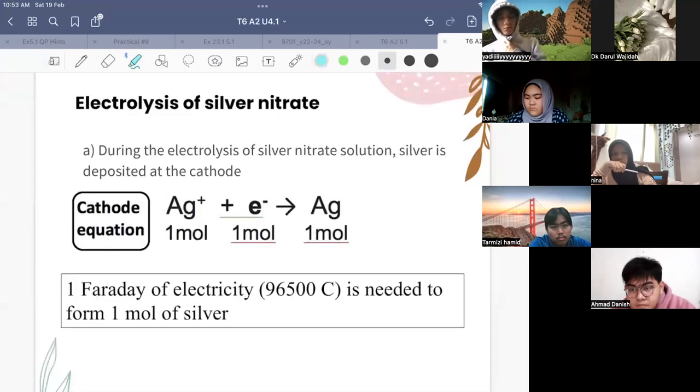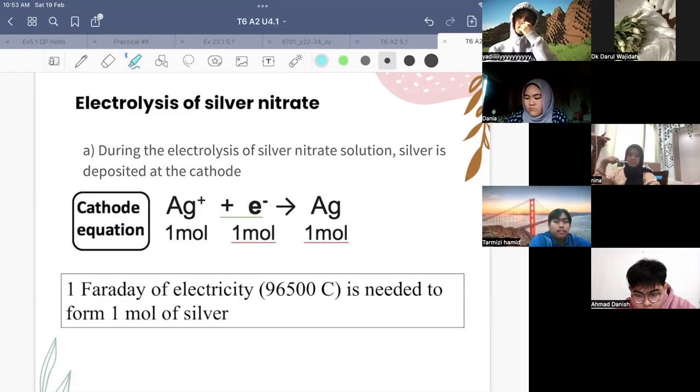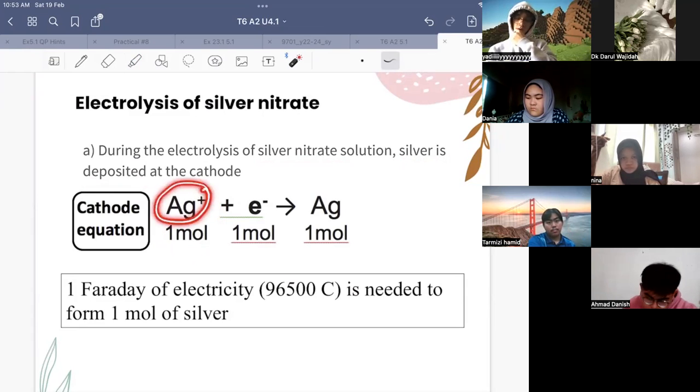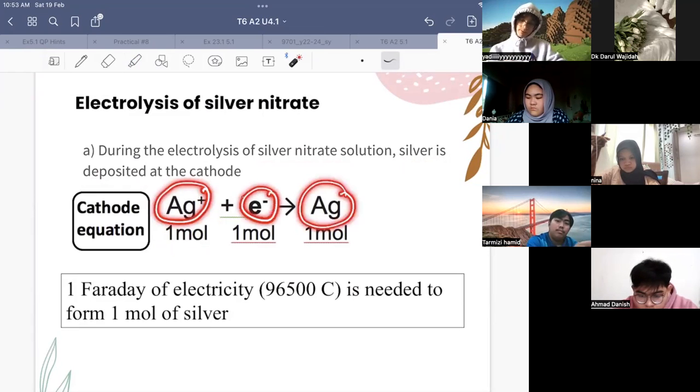Reduction is gain of electrons and oxidation is loss of electrons. So if we look at the electrolysis of silver nitrate solution, where the silver is deposited, that means the silver ion is being reduced at the cathode. When silver ion is reduced to silver solid, 1 mole of electrons is required.